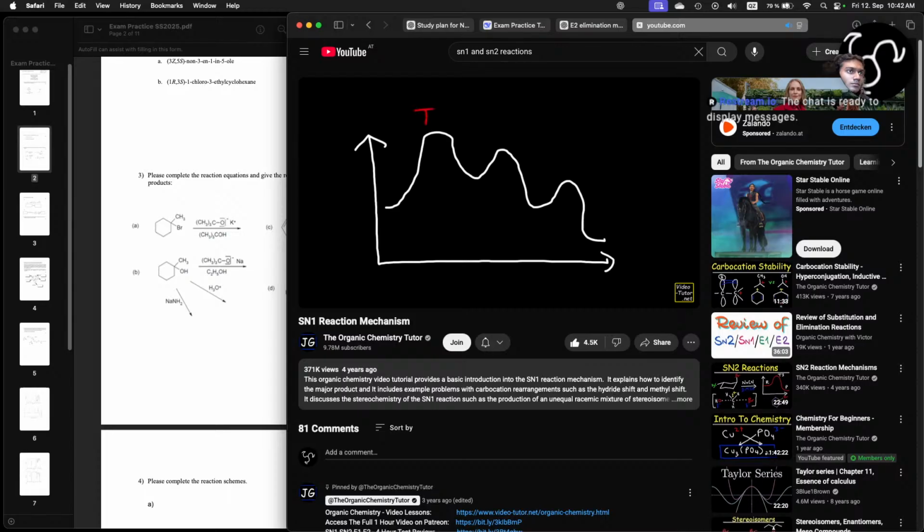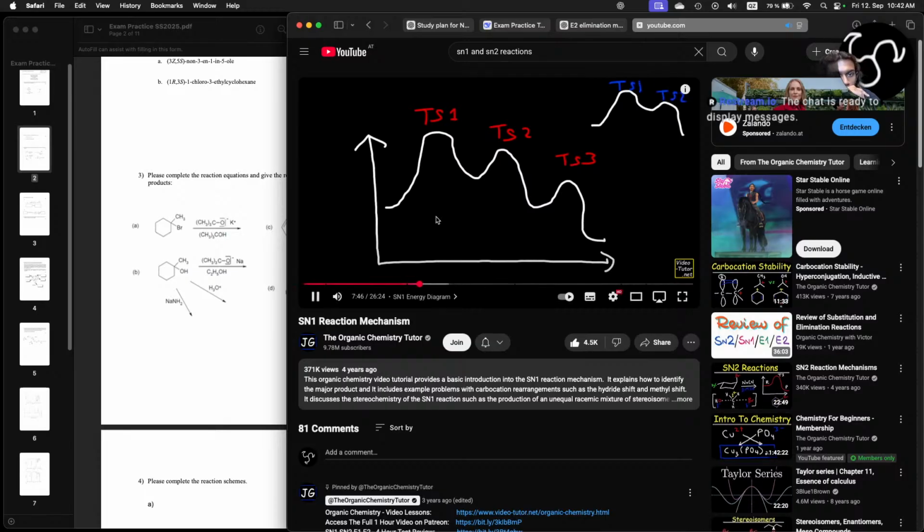So for that example, we would have 2 transition states as opposed to 3. So just to draw a rough sketch for the first one, it would look something like this. This would be TS1, and this would be TS2. So for a 2-step process, you should expect to have 2 transition states.